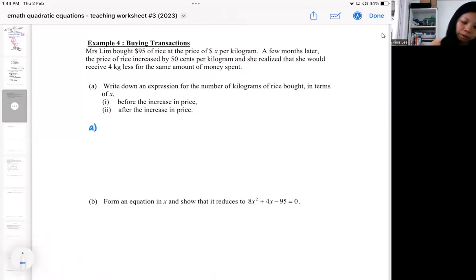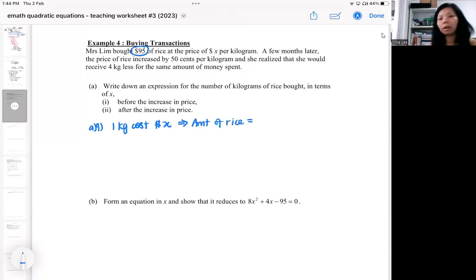So before any price increase, 1 kg costs X dollars. She has $95. How much can she buy with $95? Like I mentioned, if you couldn't do it, then instead of 1 kg X dollars, maybe you will want to make it like 1 kg $5.